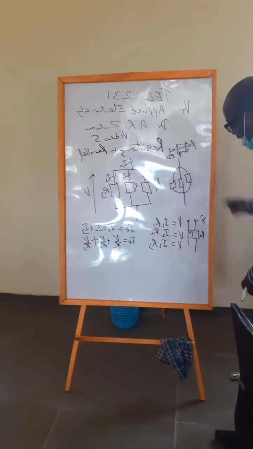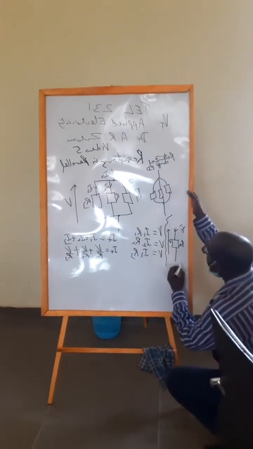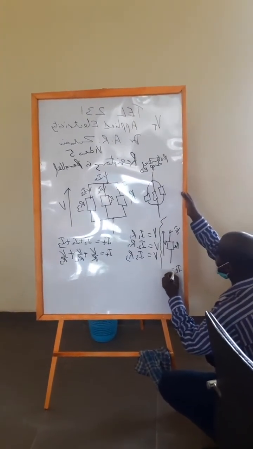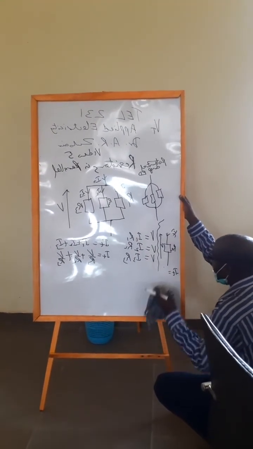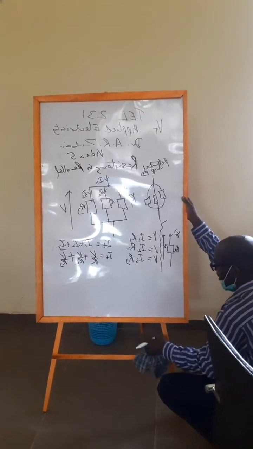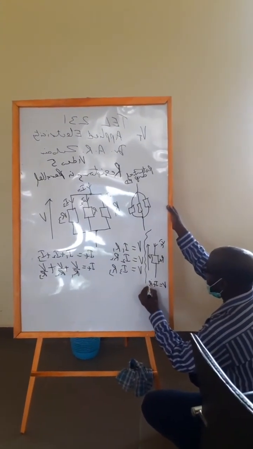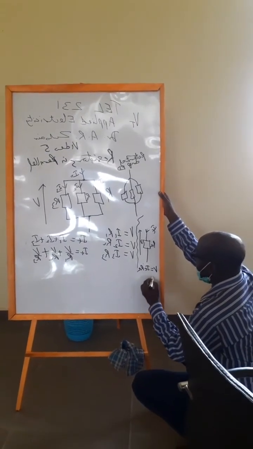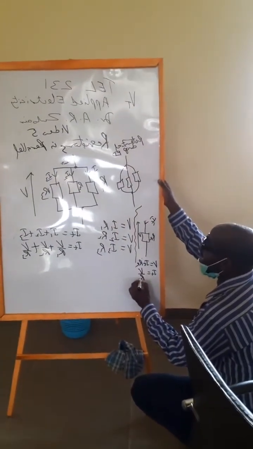So in that case, I can say that V is going to be equal to IT RE. And from here, IT is going to be equal to V over RE.